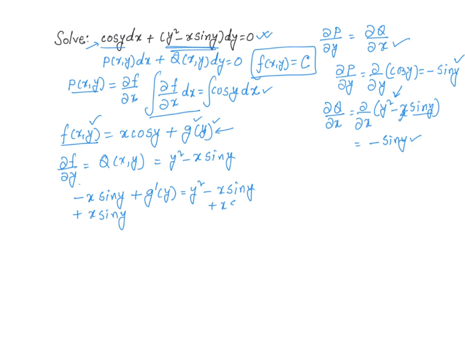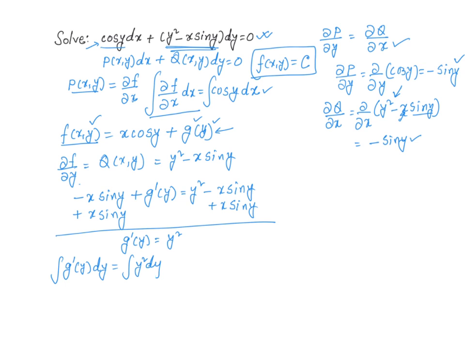That's going to give me g prime of y is equal to y square. Now if I integrate both sides, the integral of g prime of y dy is nothing but g of y, and that is going to be equal to the integral of y squared dy, which is y cubed over 3.